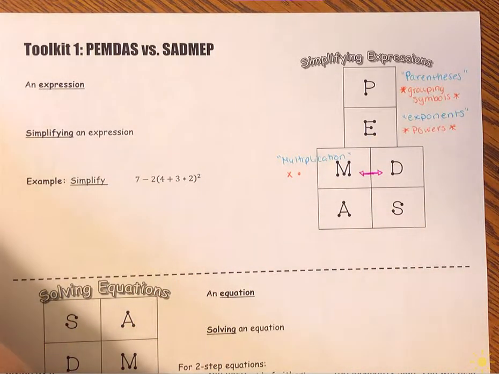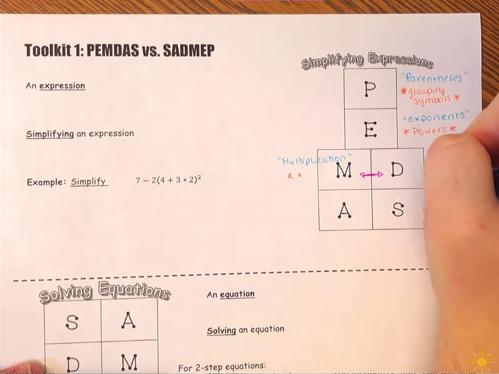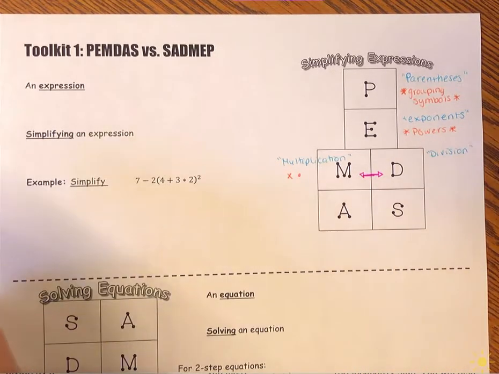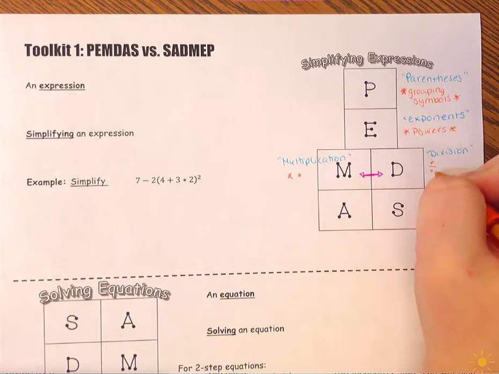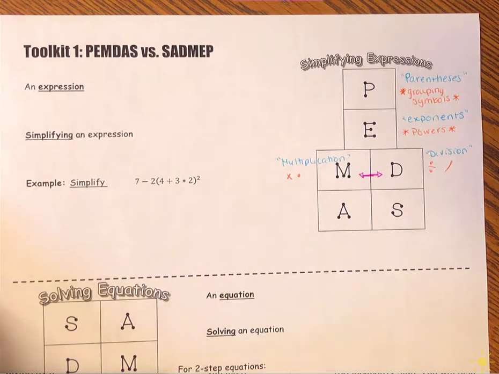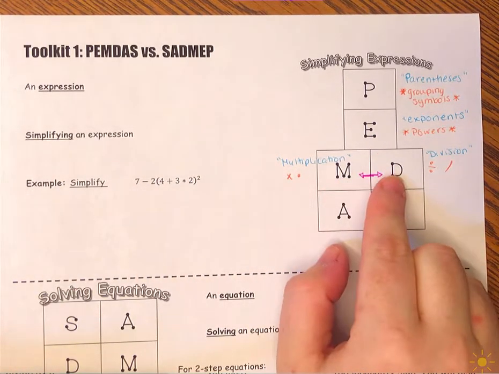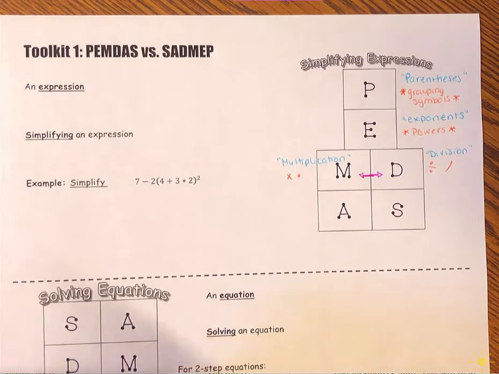Sometimes you'll even see it with parentheses and a number directly or a letter directly attached to the parentheses, which is a multiplication. The D is division, which the universal symbol is the 2 dots with a bar in the middle. You will also have our slash, the division symbol. So we'll have multiplication or division, whichever one comes first in the problem.